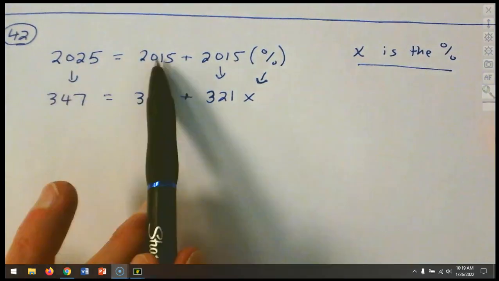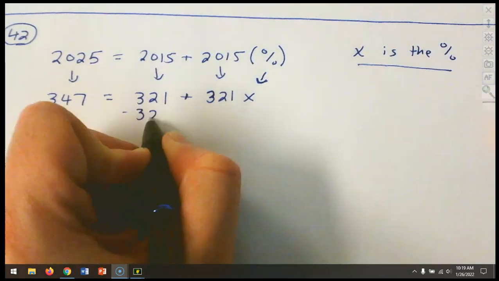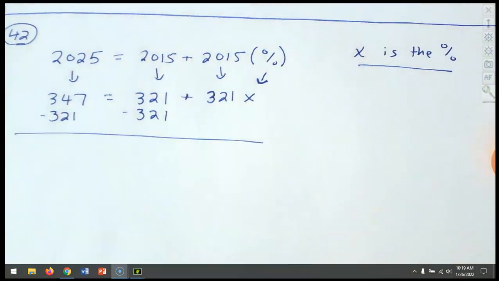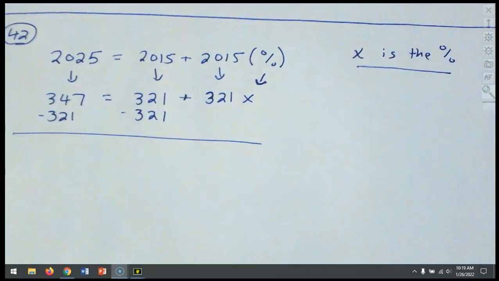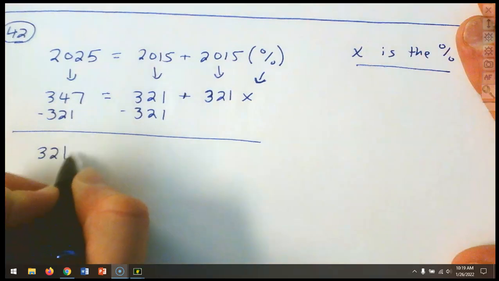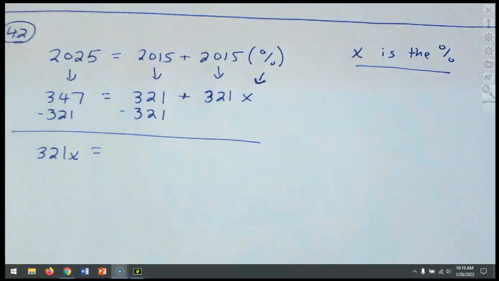So we filled in our pieces here. Move that 321 over. And I like to rewrite it so the variable's on the left. So I'm going to rewrite this now as 321x. So that's going to come over. And then on the right-hand side, what do we have? We have 347 minus that 321.